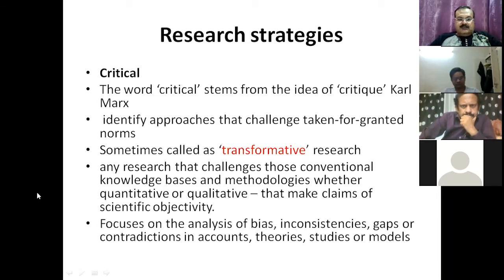I'll talk about why it is done and how it is done. Basically, it focuses on analysis of bias, inconsistency, gaps in knowledge, contradiction in accounts, theories, studies, or models. So if you have an established theory, it tries to find out why this theory is wrong or could be wrong, and then designs a new study which challenges the established studies.